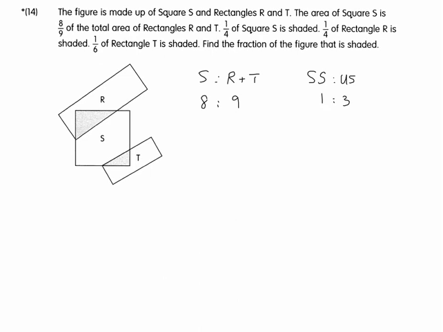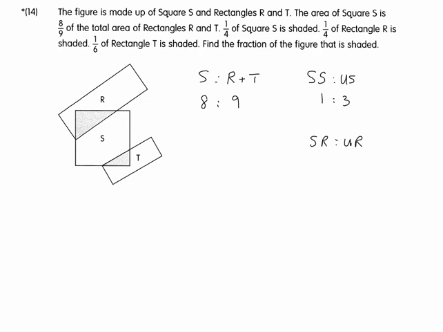Yes? Okay, let's look at the shaded part of R and the unshaded part of R. What is the ratio, Colin Chi? I'm waiting for you to explain to me how you get 1:3.